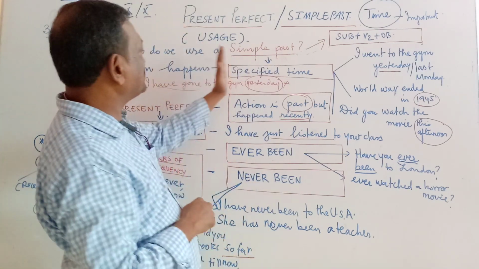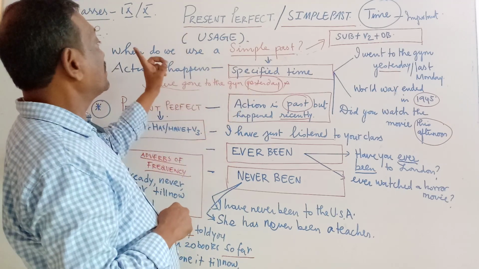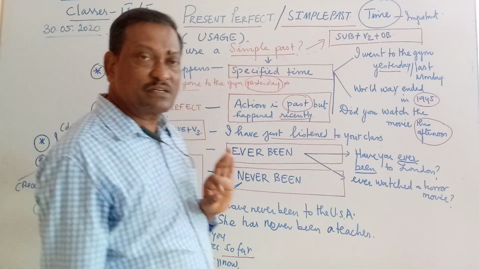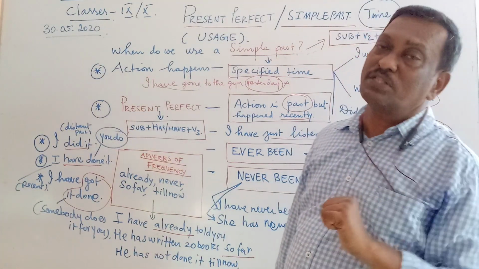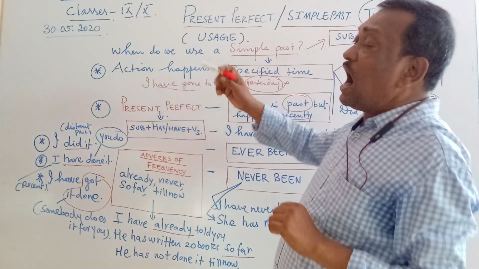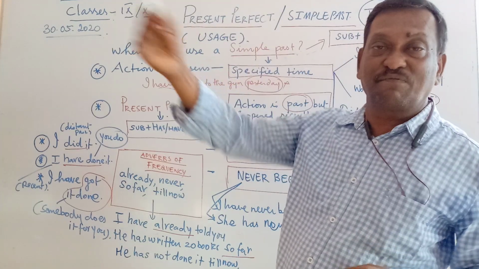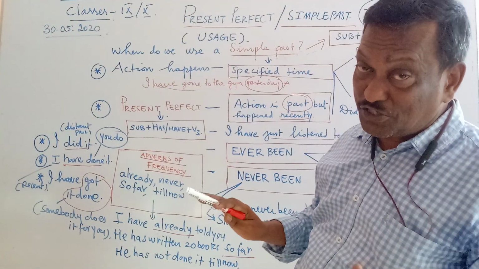Now coming back once again, we must remember that a simple past is used for an action which happened at a specific time in the past. So, I completed my homework last evening. Simple past, and the action is very clearly mentioned.